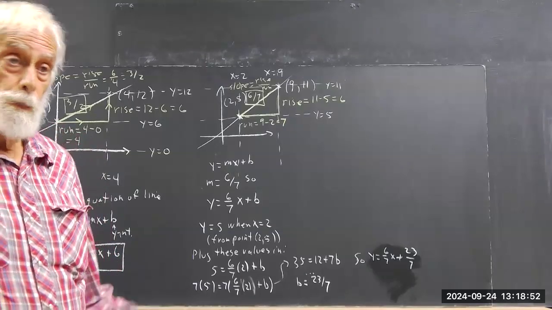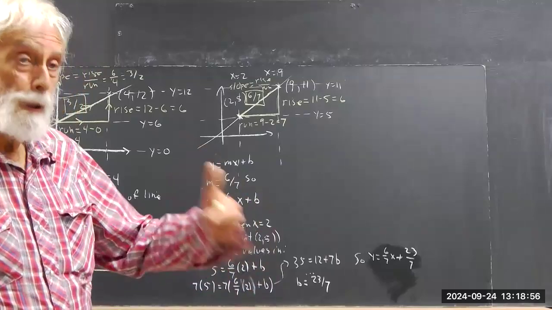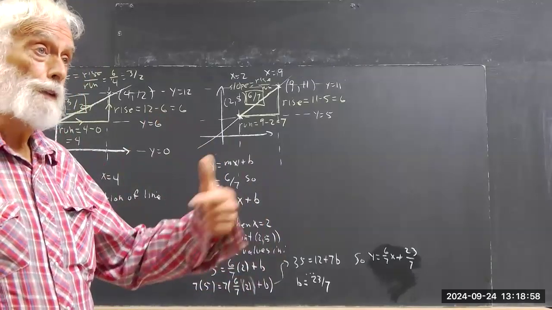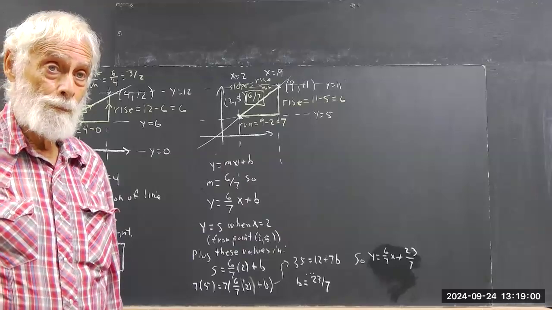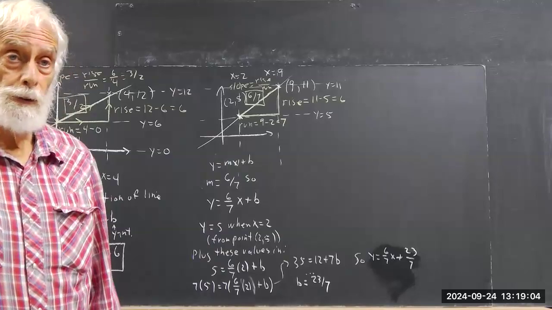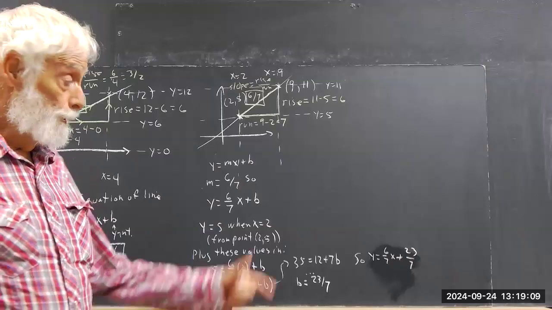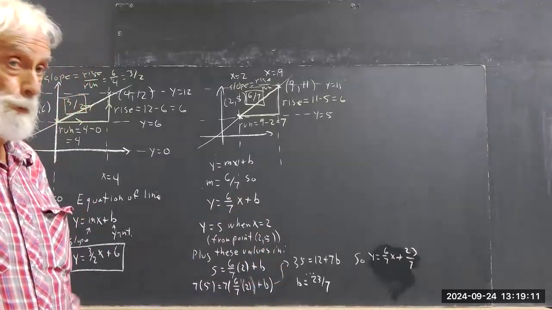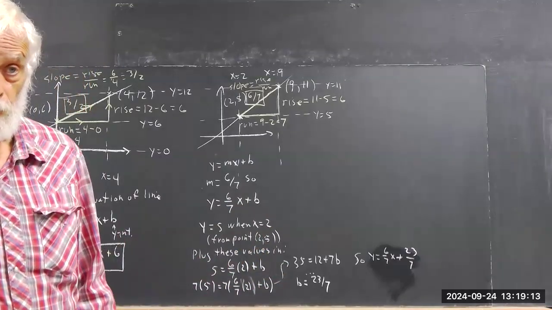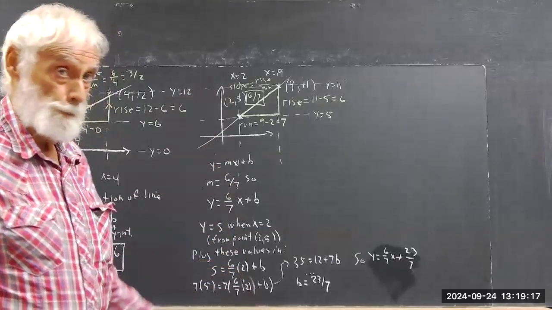There's also a formula: y minus y1 equals m times x minus x1. But you want to be able to do this too because you don't have a simple formula for the other types of functions. These are linear functions. If you got a simple formula for it, that's fine. It's a good formula. But don't just rely on it. Be able to construct it.